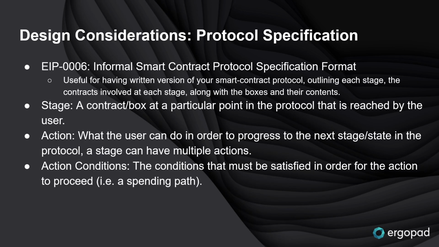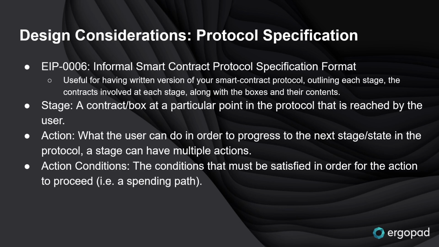When you're designing your protocol, another important thing to do is to write a protocol specification. So this is essentially just a design document that explains what is going on in your protocol, the different stages, the different possible spending paths, and the different contracts for each box in a stage. So what is a stage? Think of that as a box at a particular point in the protocol that is reached by the user.